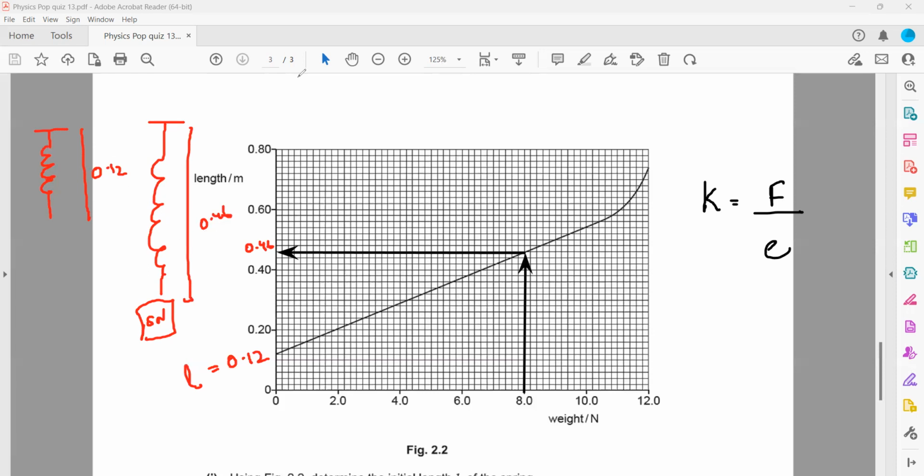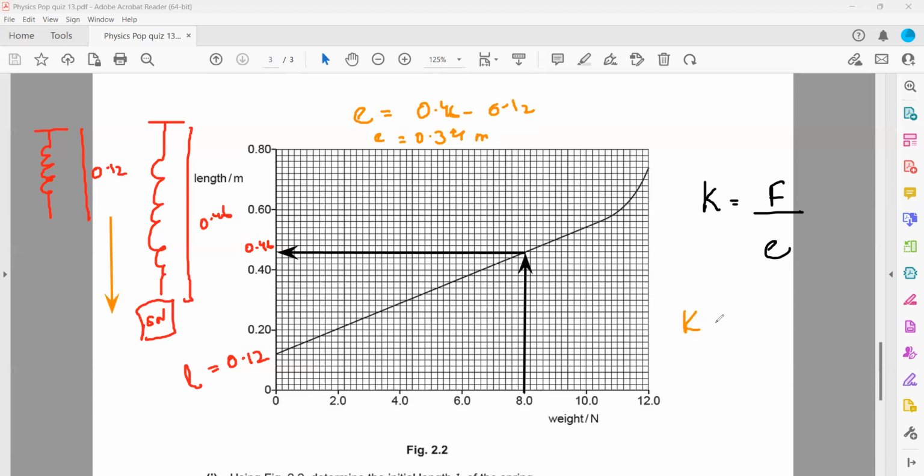But we need the extension, how much the length increases. It has increased from 0.12 to 0.46. So the extension is 0.46 minus 0.12, which equals 0.34 meter.